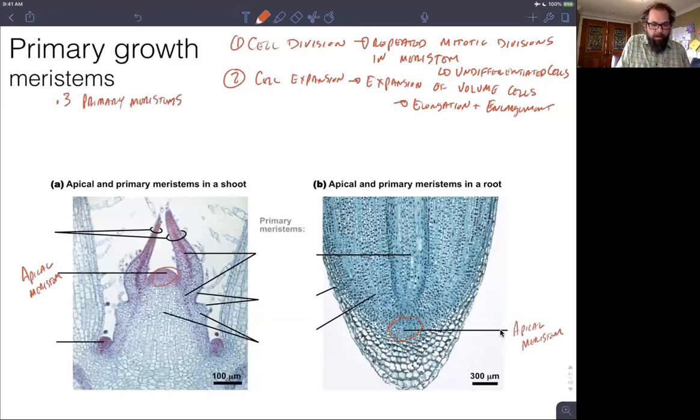And what these are, are partially differentiated cells that give rise to those three tissue types. So our primary meristems are partially differentiated and give rise to those three tissue types.